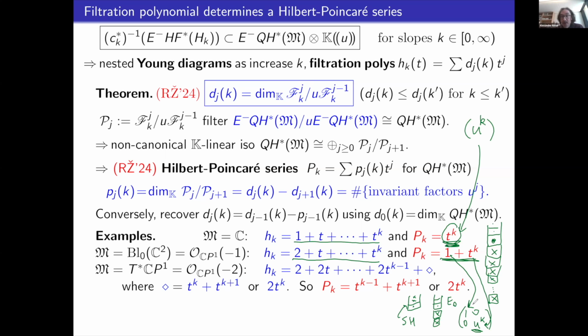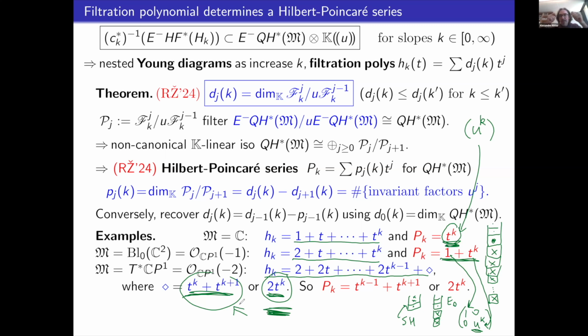And then in the T star CP1, that already becomes tricky. So we're currently trying to figure out precisely what it is, but it's one of these two cases. So you either have this polynomial with these final two terms, or it might be these other two final terms. So for slope 0, you get this thing on the right. For slope 1, you get this one. And then we know, for example, that if this one ever arises, then immediately afterwards, this one must arise.